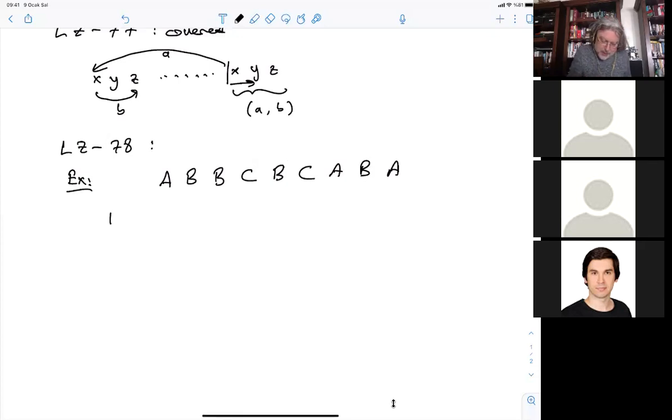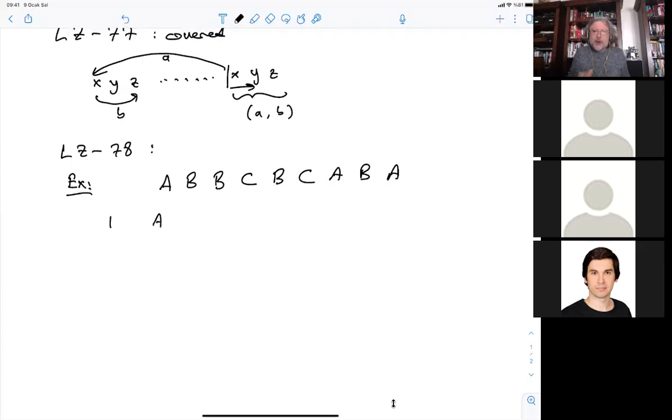In position 1, the first thing that we incorporate is the first letter, which is not in the dictionary, which is A. So the output that we will do, by the way, this is the dictionary, and this is just the position that we have. The output will be, we don't copy anything from the dictionary, that is a 0, and then we output A.